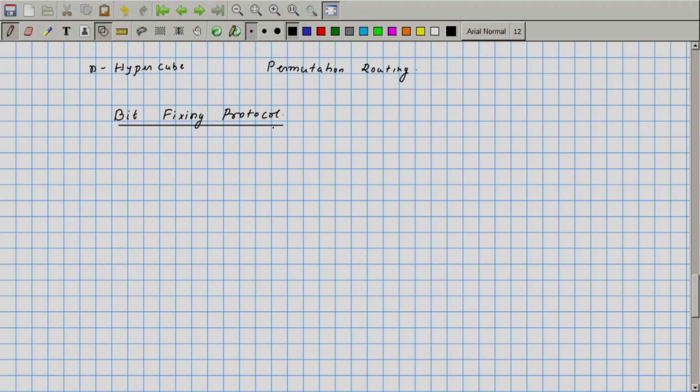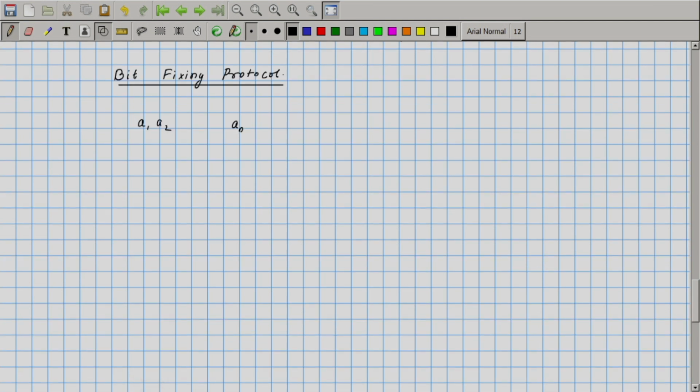It is a simple protocol. Let us say we have a vertex A1, A2, ..., An, and the packet at this particular source. So, this is our source, and our destination is B1, B2, ..., Bn.